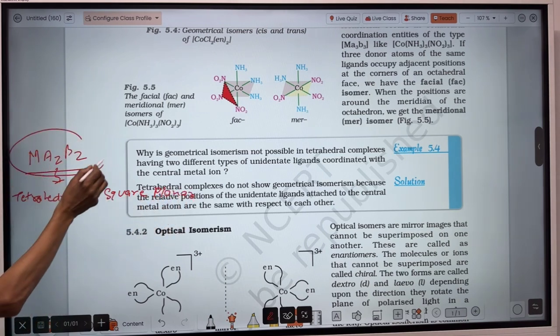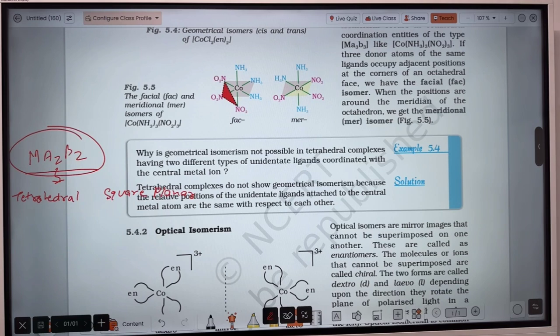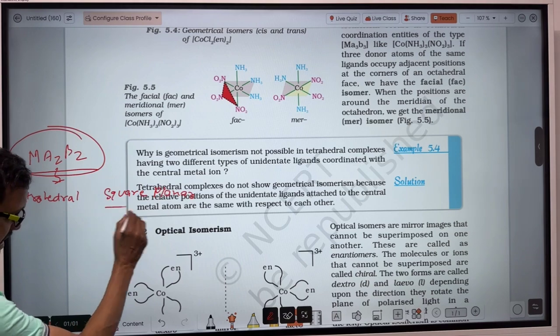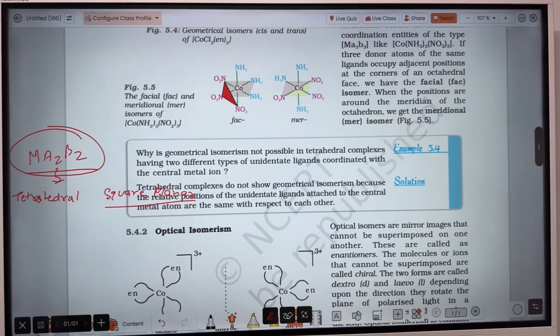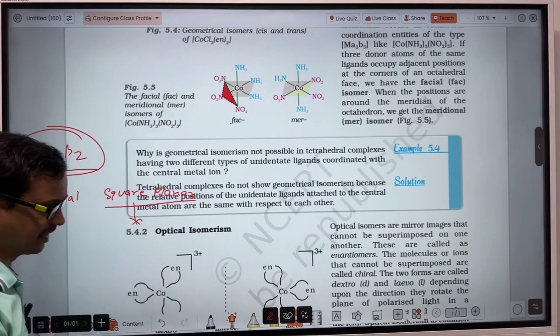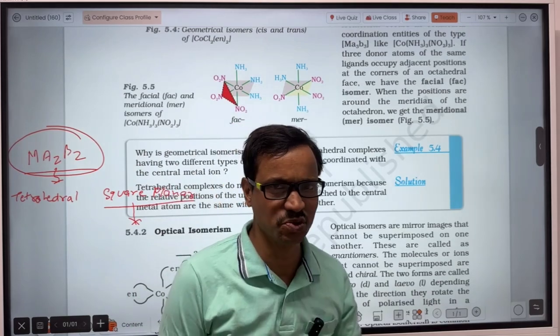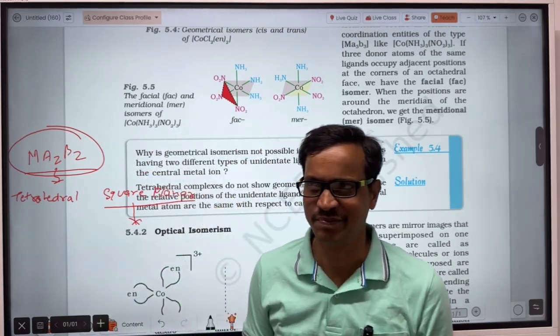Of these, the compound whose shape is square planar can only show geometrical isomerism.